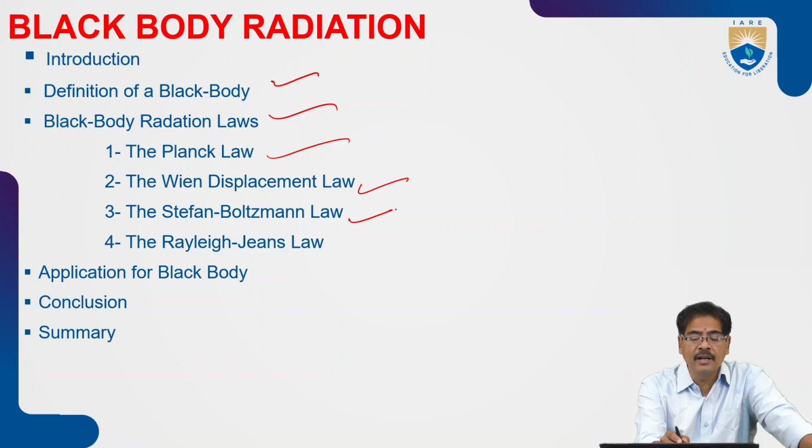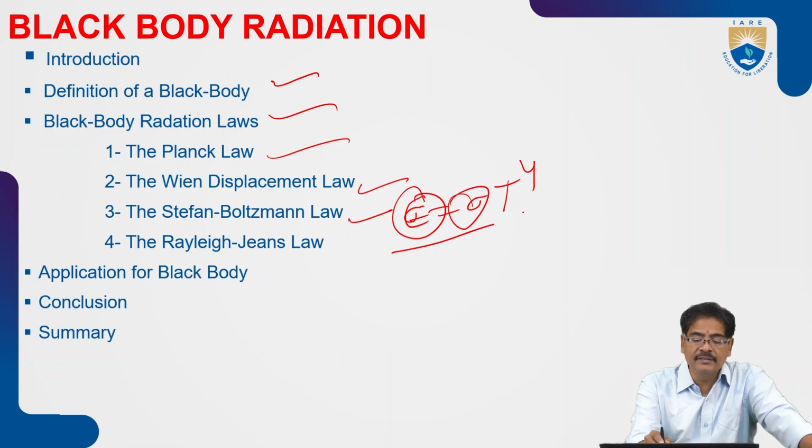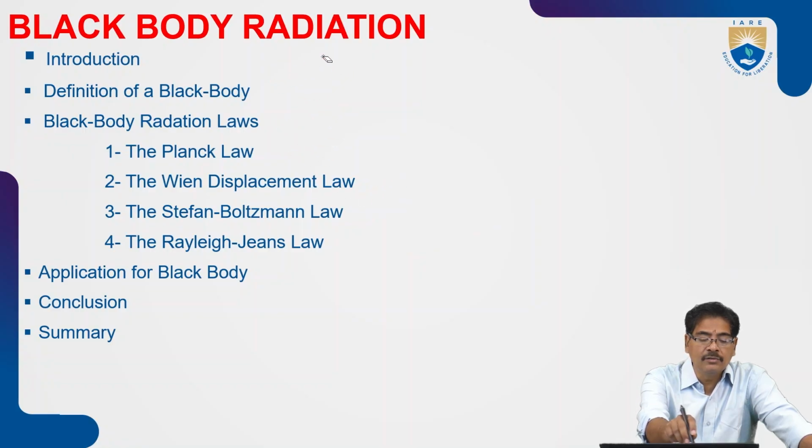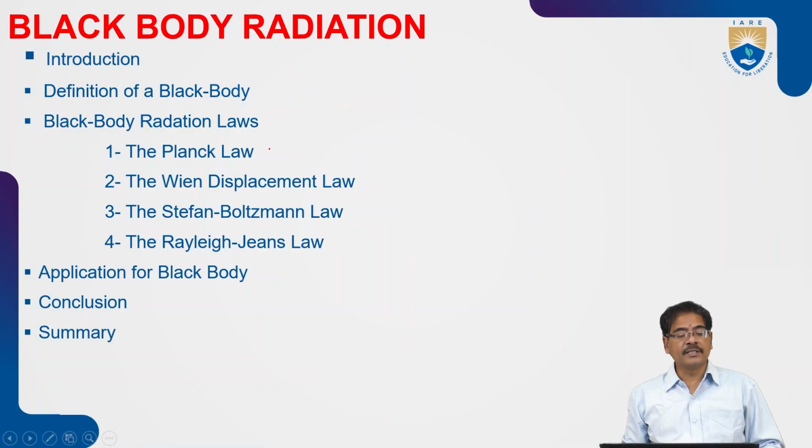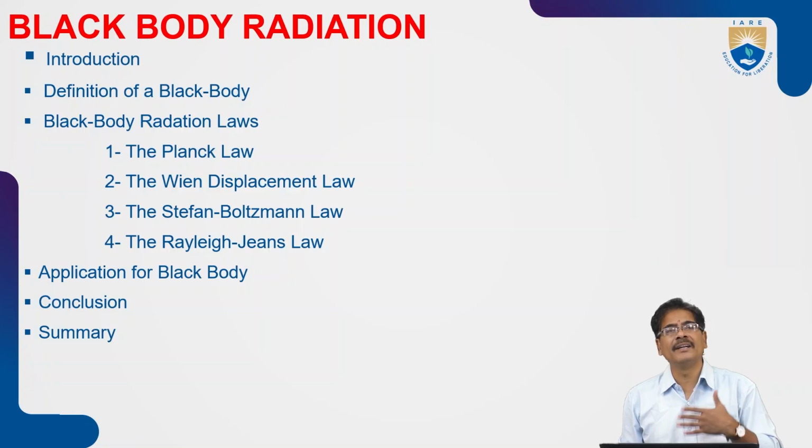the Stefan-Boltzmann law, where we write E equals sigma T power 4. Right? So E is the energy, sigma is the constant and T is the temperature. That sigma is what we call the Stefan constant. And the other one is the Rayleigh-Jeans law. So these laws all come under the blackbody radiation laws.